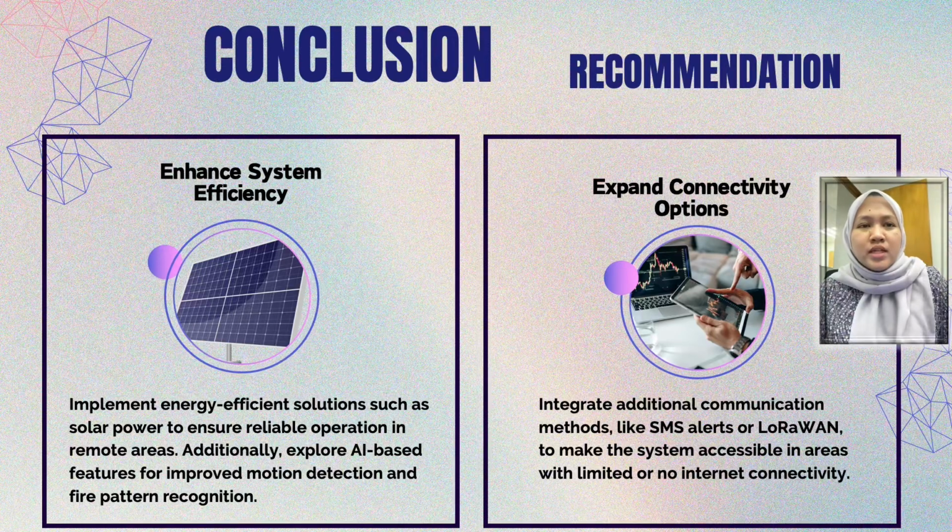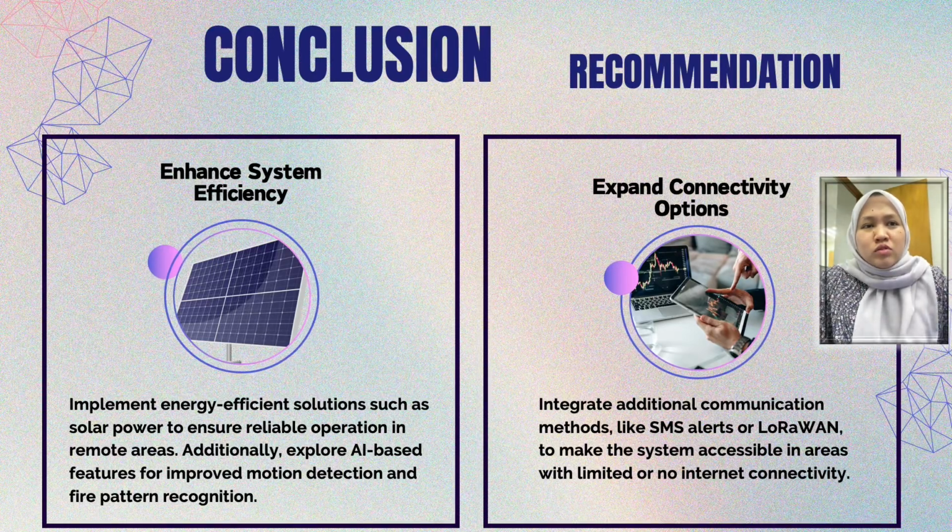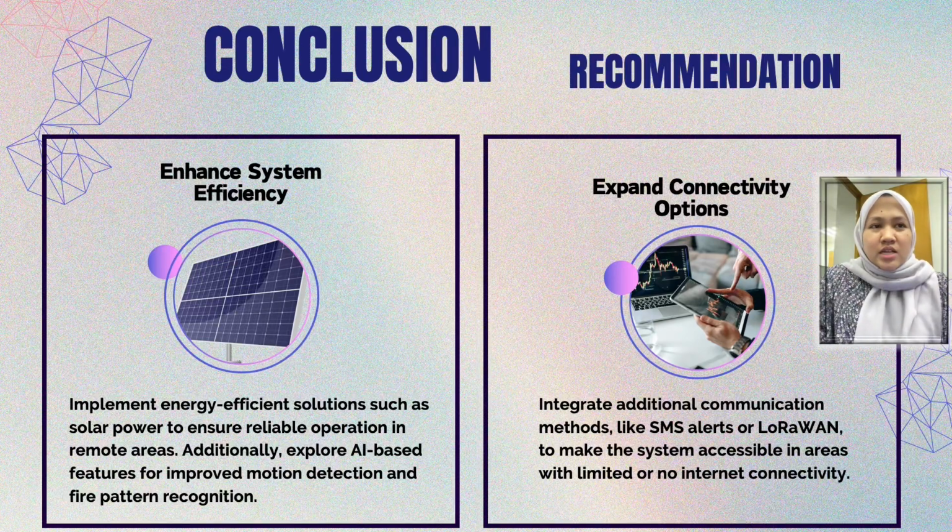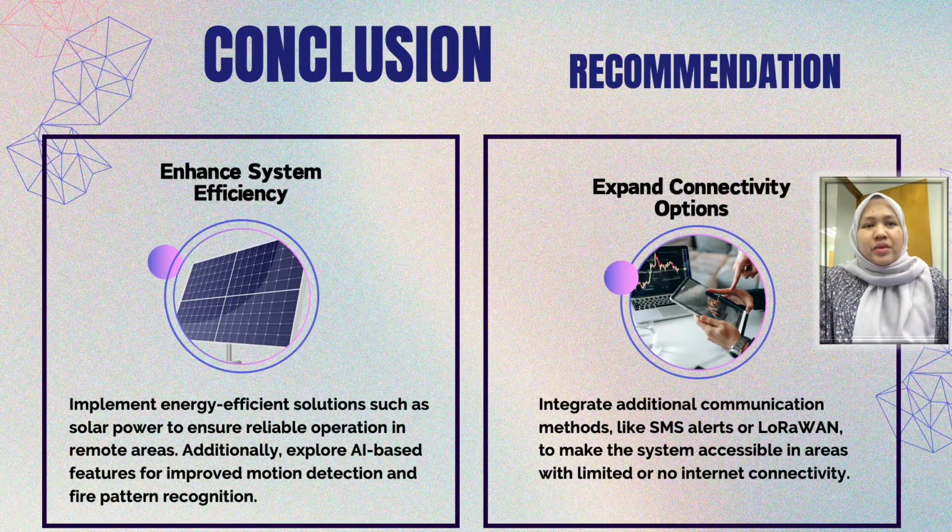For the recommendations, the system works well, but we identified areas for improvement. First, expand connection options: identify other communication methods such as SMS alerts or LoRaWAN to ensure the system works in areas with poor internet coverage.